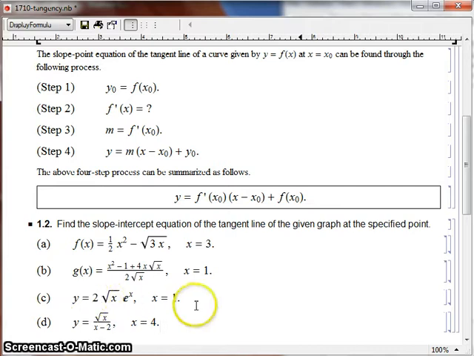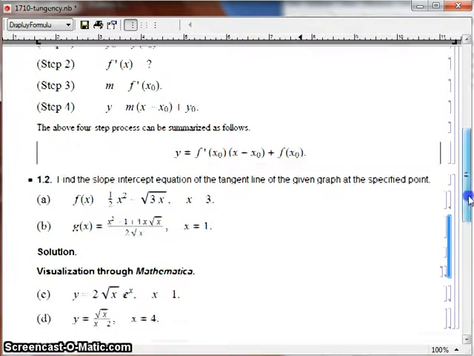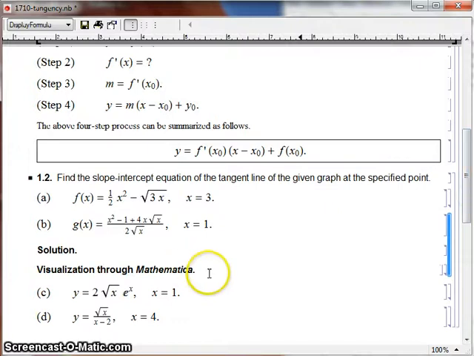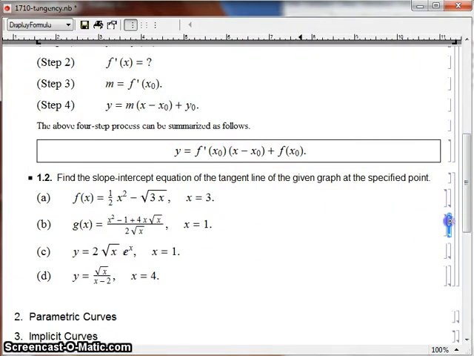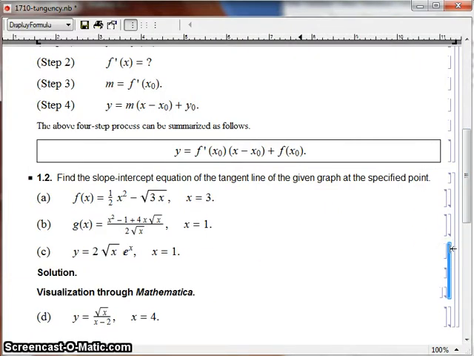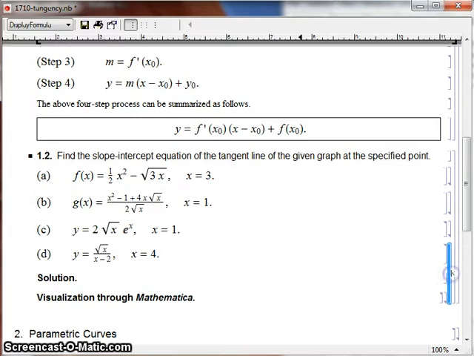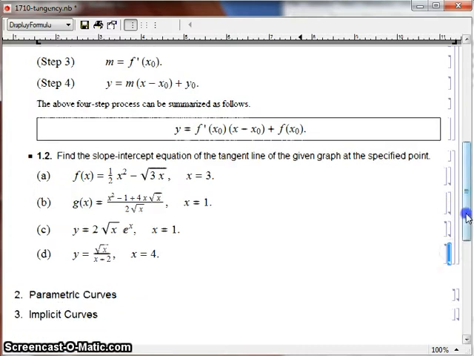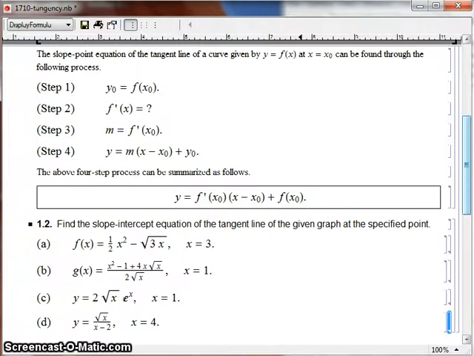You may have to use the product rule, kind of like this, or the quotient rule. And each problem actually comes with visualization through Mathematica. However, I'm not going to open these cells and show you the visualizations because it'll give away the answers. These problems are left to the students.